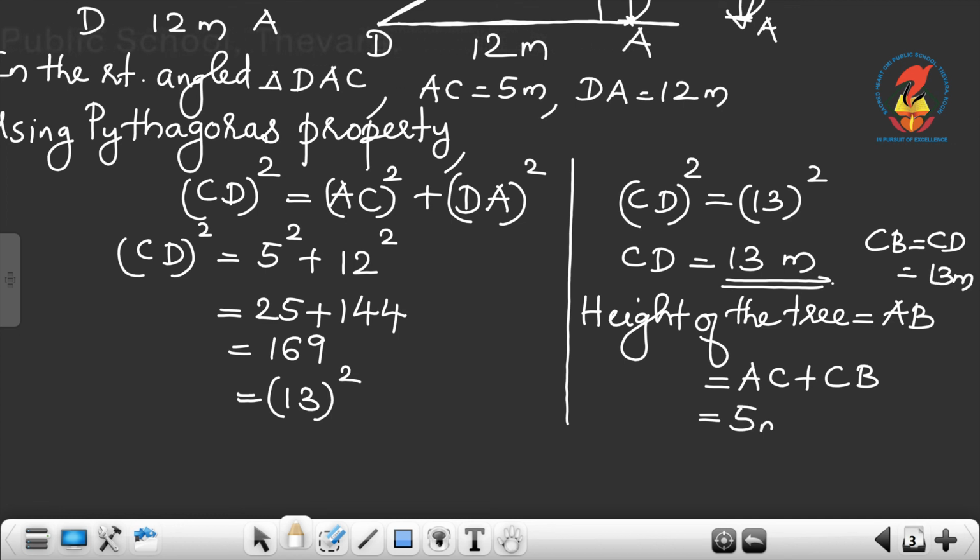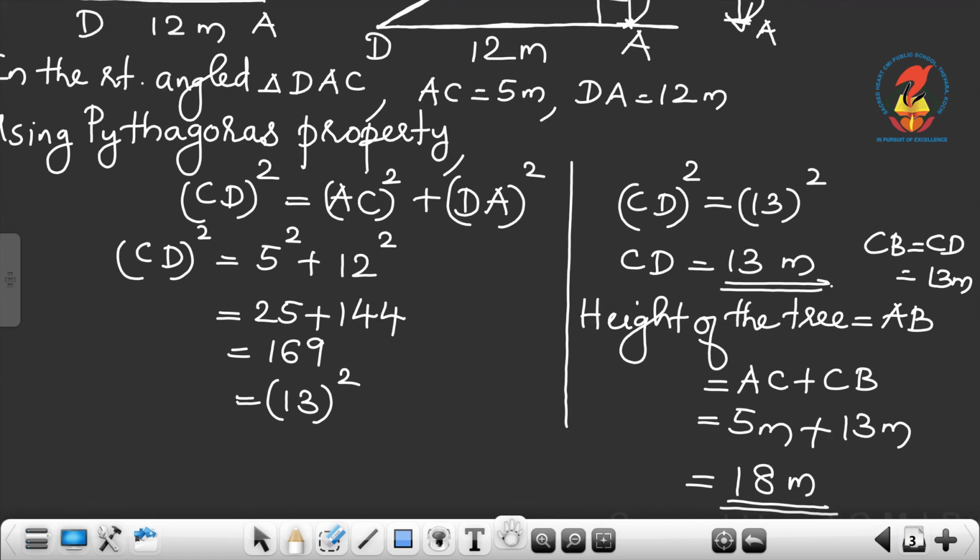Then AC equal to 5 meters, plus CB, which is 13 meters. So, which is equal to 18 meters. Therefore, the height of the tree is 18 meters.